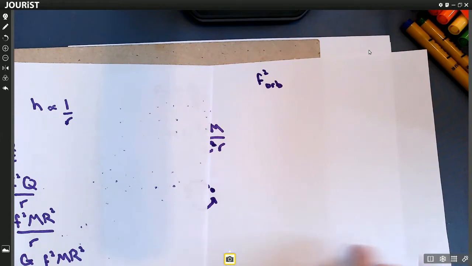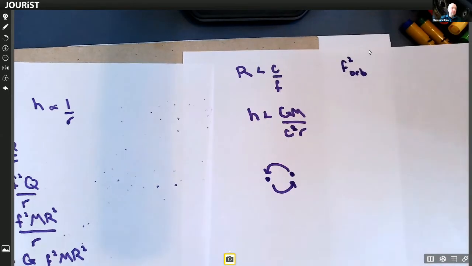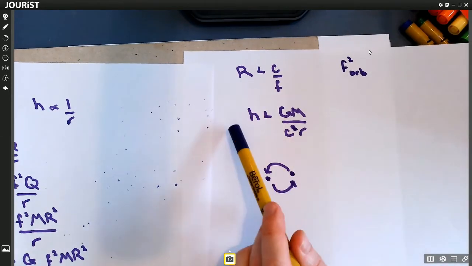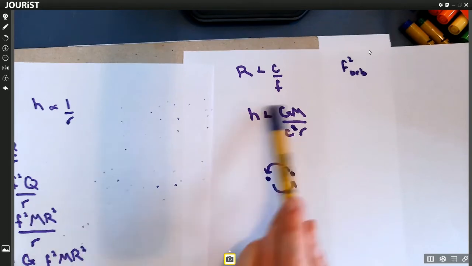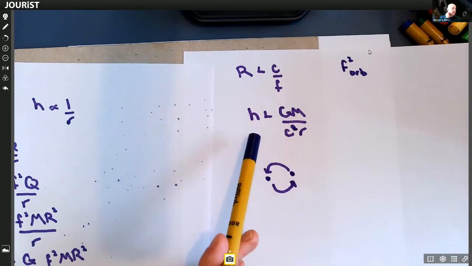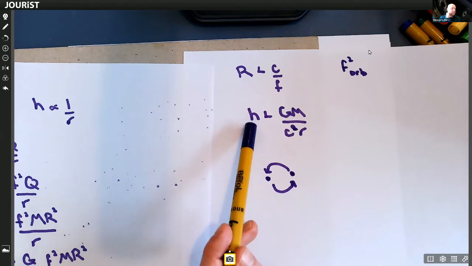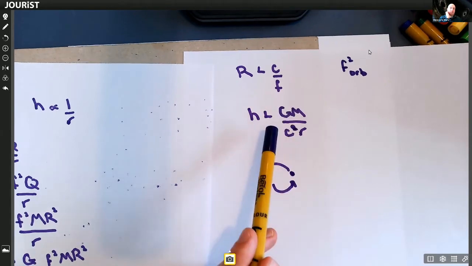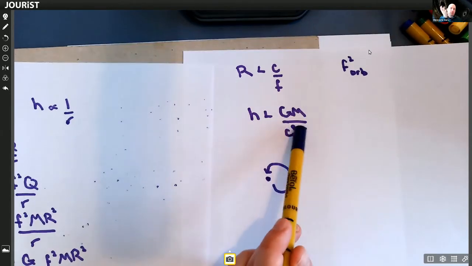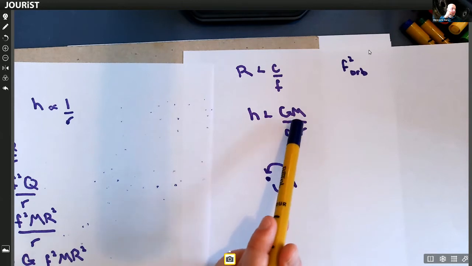of the gravitational potential. Okay, so GM by R is the gravitational potential. So we have the time varying gravitational potential, H, our gravitational wave, being smaller than the static potential here. So GM over R would be what's familiar as a gravitational potential.